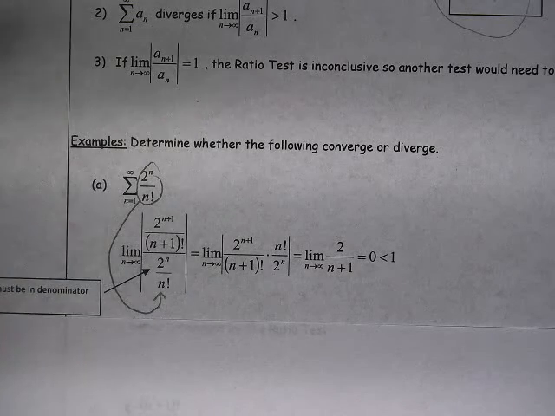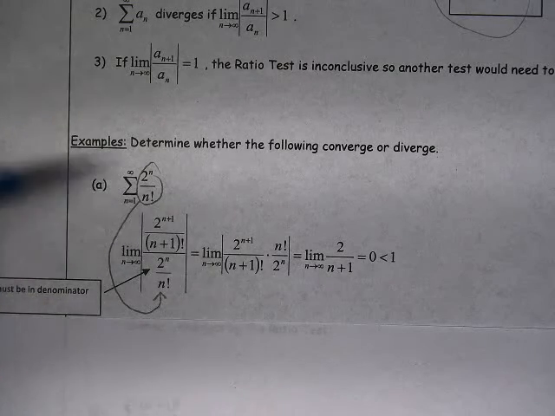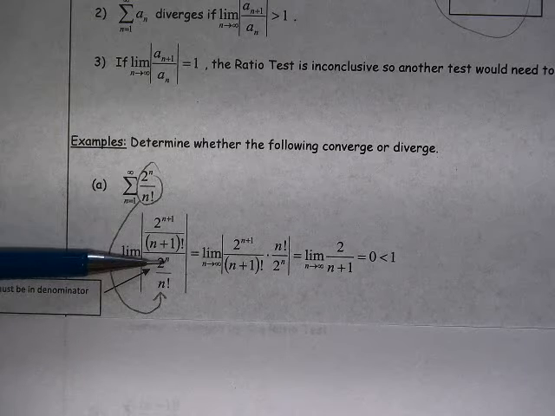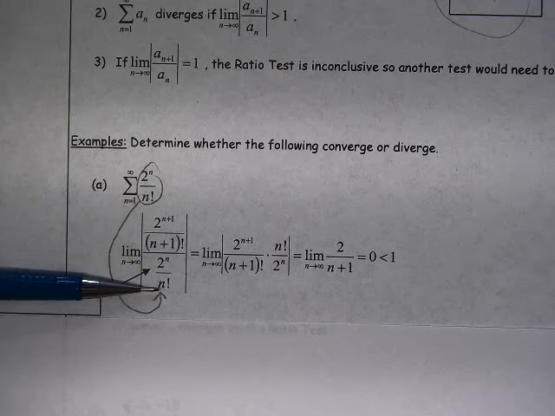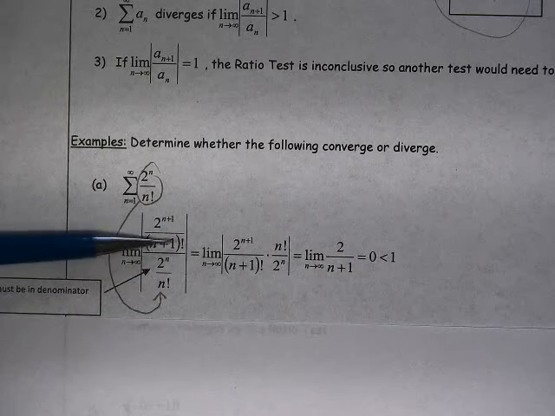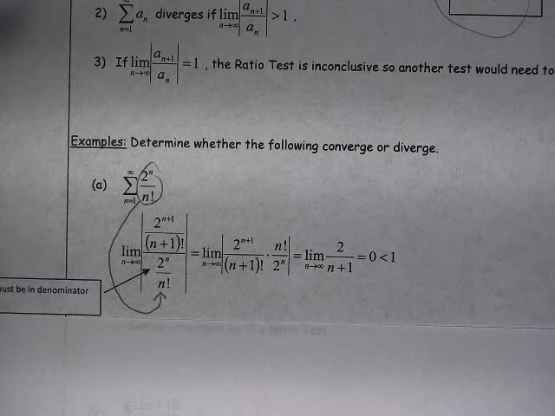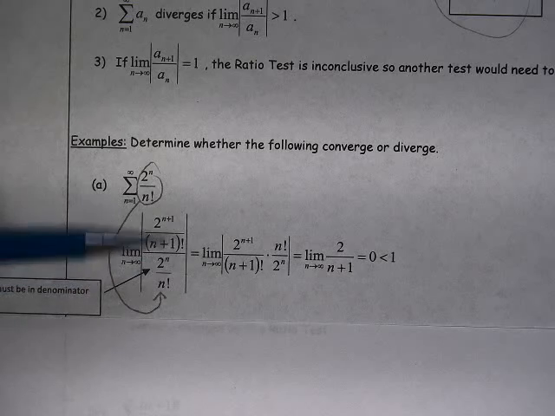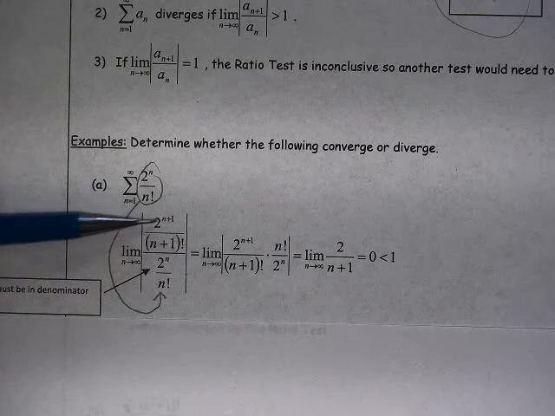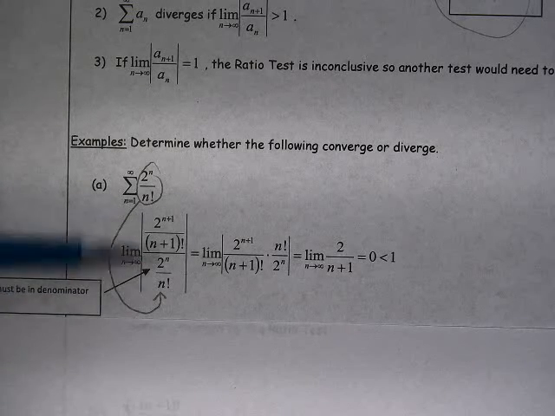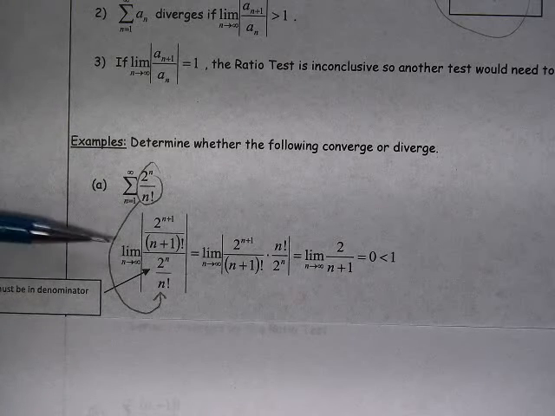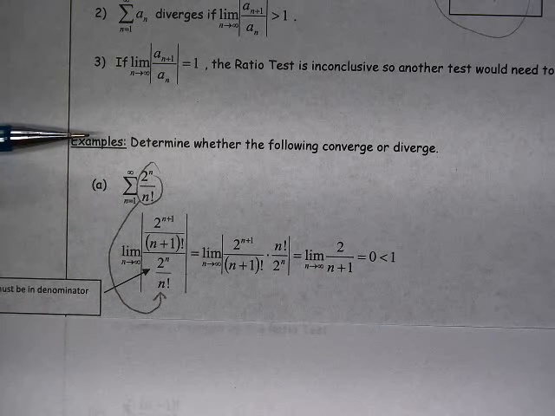And then in the numerator, we're just going to increment n by 1. So here I have n, here I have n plus 1. Here I have n, here I have n plus 1. Notice that the n plus 1 is in parentheses, and then we apply the factorial. So we have one term and the next term after that one that we just looked at down here, and we're looking at the ratio of those and the magnitude of that ratio as n approaches infinity.